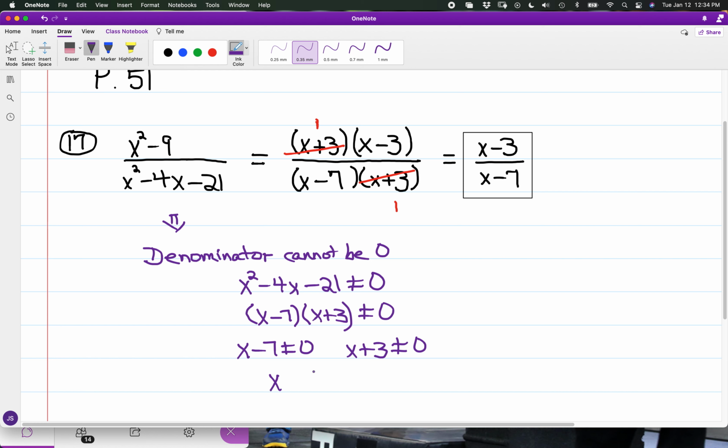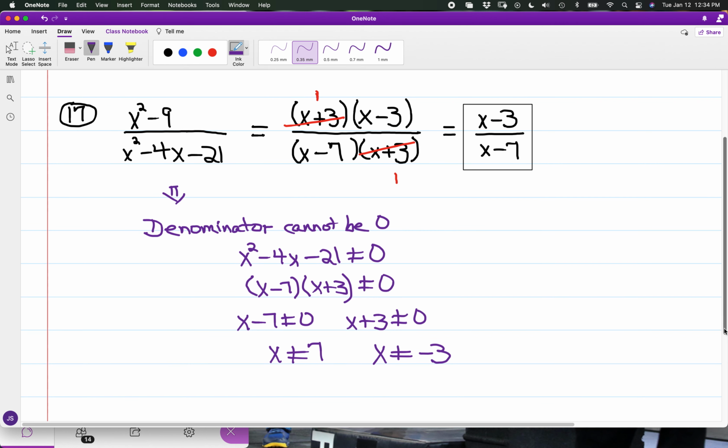So if x minus 7 cannot be 0, then x cannot be 7. And as for x plus 3, this cannot be 0, so x cannot be negative 3. And so we have two exclusions for x, 7 as well as negative 3. Even though x plus 3 canceled out, we still have the precondition that before any cancellation or reduction, whatever sets the denominator to 0, x cannot be any of those values.